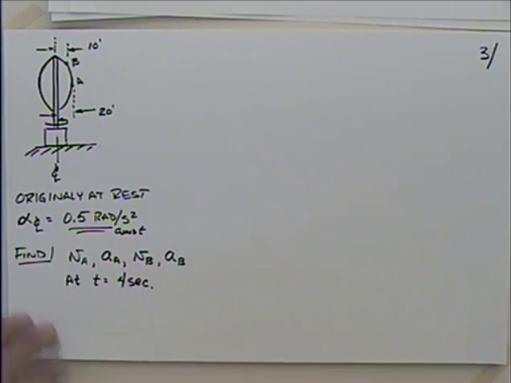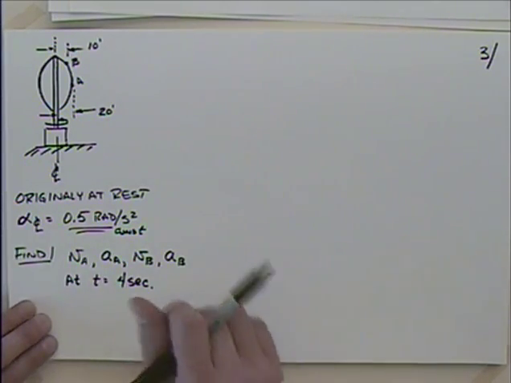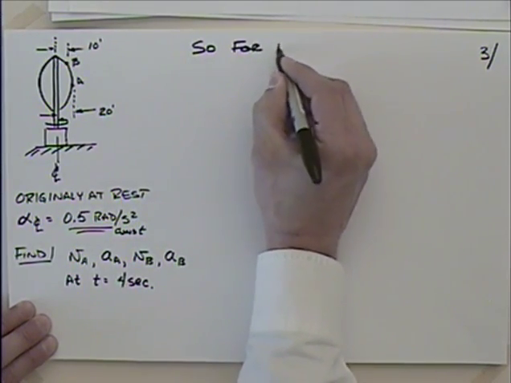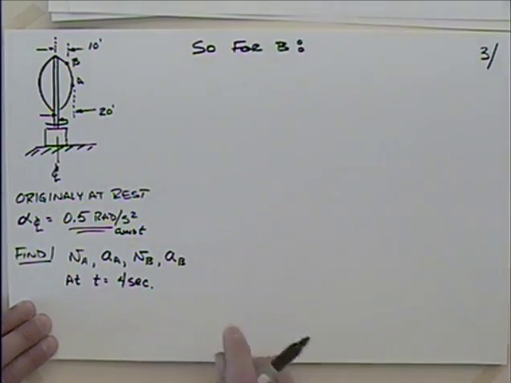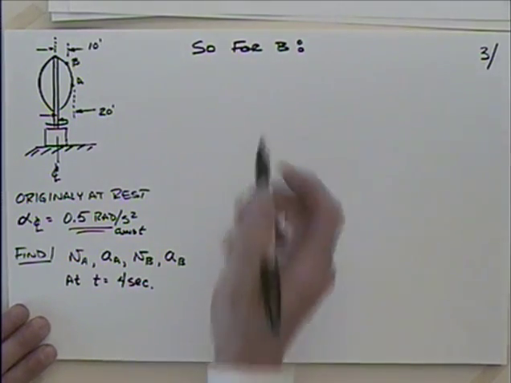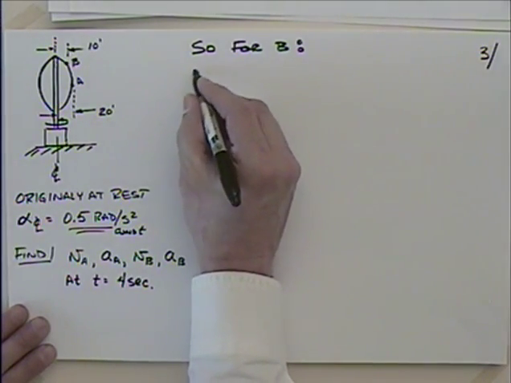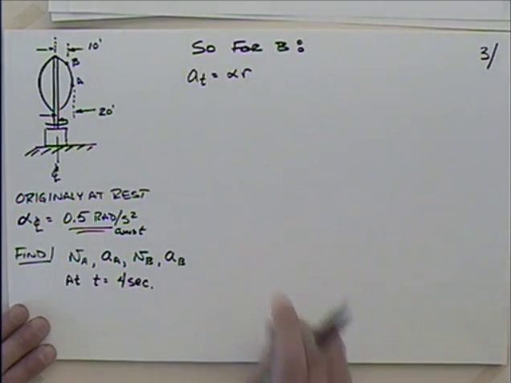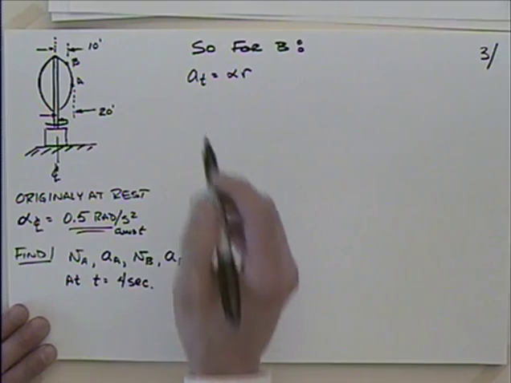So that being a constant, we get to go back and use those equations. So let's see if we can put this thing together. I'm going to work at point B first. We could say in general that the acceleration in the tangential direction is equal to alpha times r. We've seen that before.